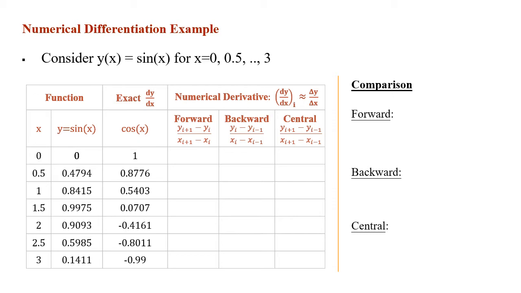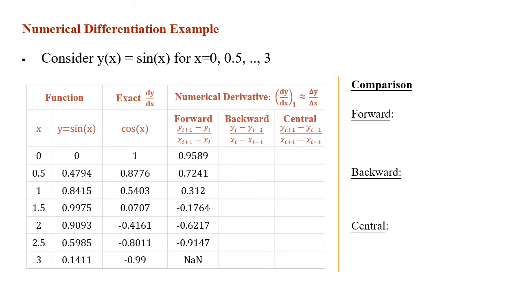For the denominator, it will be 0.5 minus 0. If you do that for the entire column, or all the points that you're given, you're going to end up with these results. And notice that for the forward difference derivative, the last entry doesn't exist because it doesn't have any point that follows it for us to be able to apply that formula.